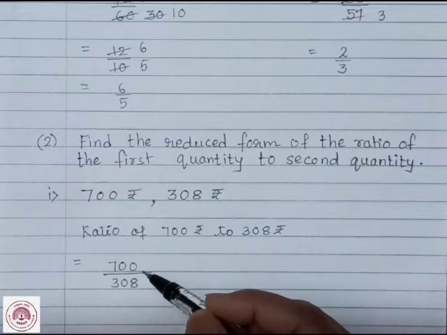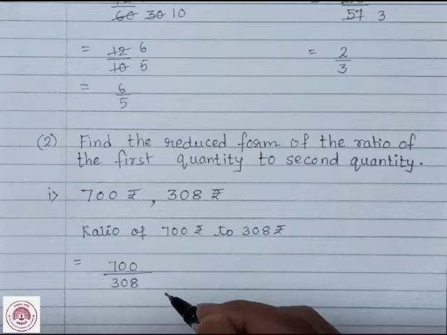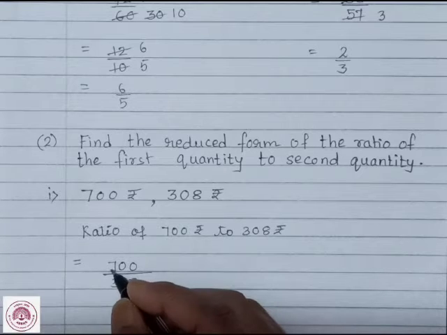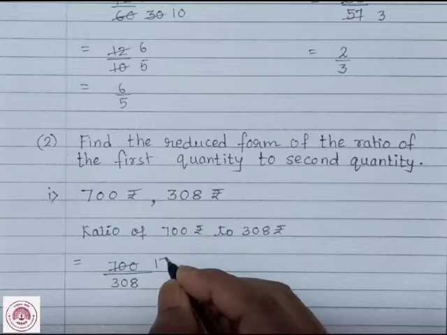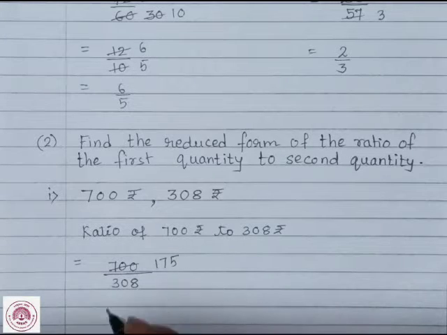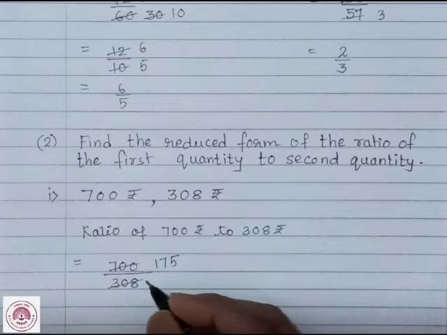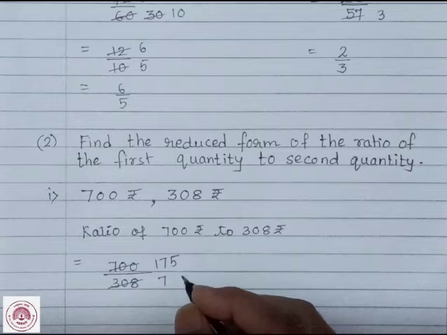Now both these numbers are divisible by 4. So we will divide them by 4. So 4 1s are 4, 4 7s are 28, then 4 5s is 20. So again here we have to divide by 4. So 4 7s is 28. So again 4 7s is 28.